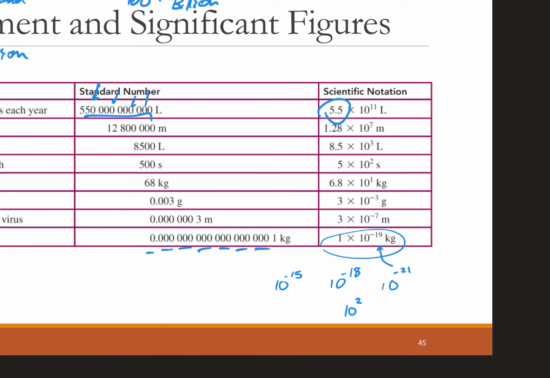So this is 10 squared times 10 to the negative 21st equals 10 to the negative 19th. So this is on the scale of 100 sextillionths of a kilogram, and so it's almost no mass.